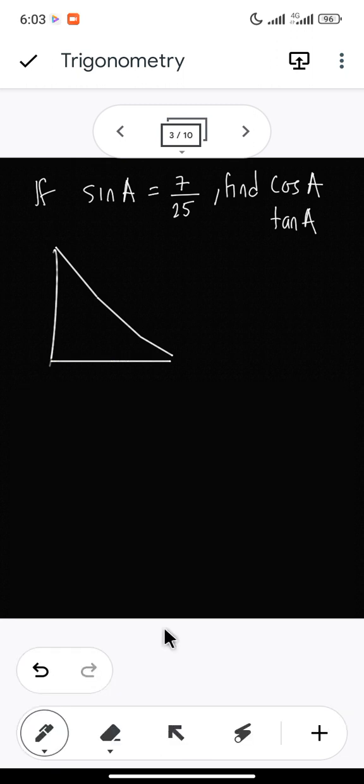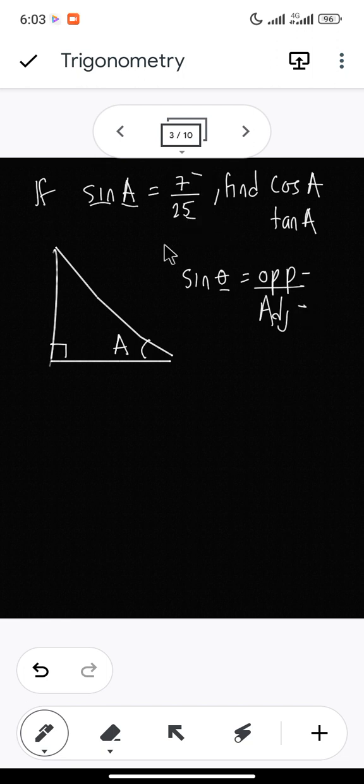So assume this to be a right angle triangle. The reference angle in this case is A. So this automatically becomes your opposite. According to SOHCAHTOA, remember that sine theta is equal to opposite over hypotenuse. That means this reference angle theta is equal to A, the opposite is 7, and the hypotenuse is 25.